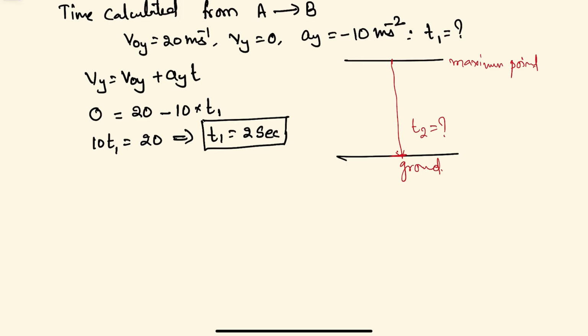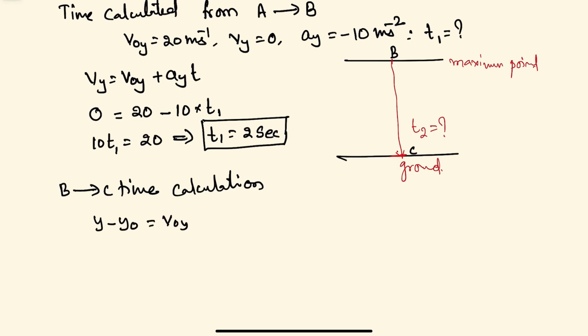So let us say this is C, this is B. B to C time calculation. Y minus y naught is equal to v naught y into t plus half ay t squared. Right?